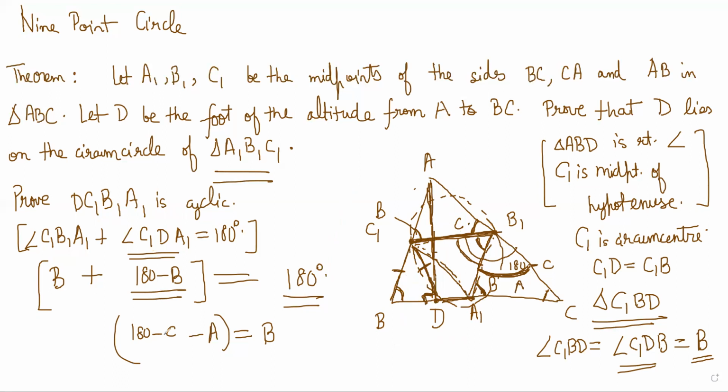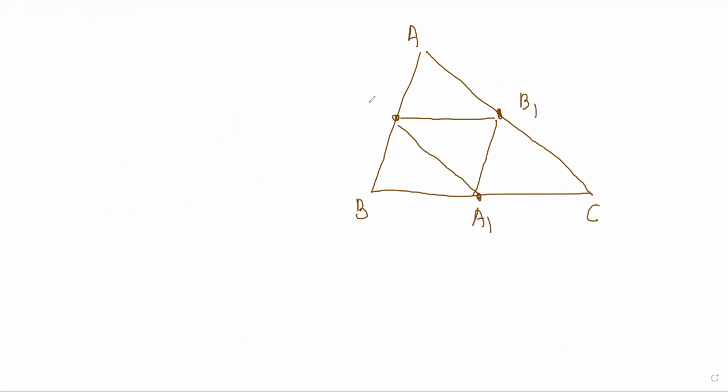So basically, if you have a triangle ABC, and you had 3 midpoints, and another triangle here, A1, B1, C1, then there will be a circumcircle like this.